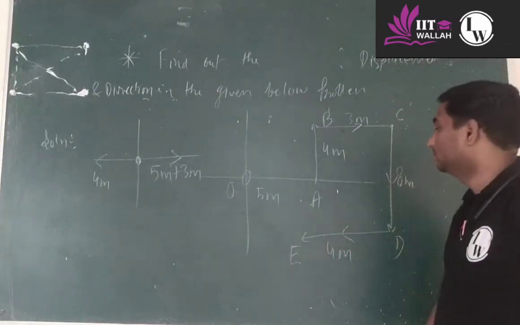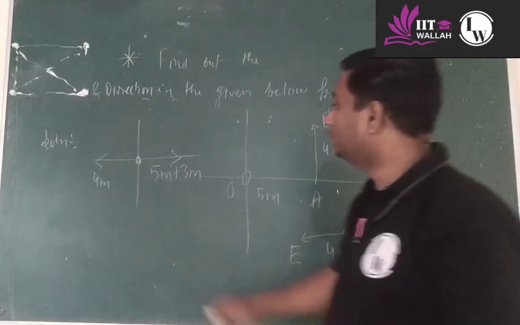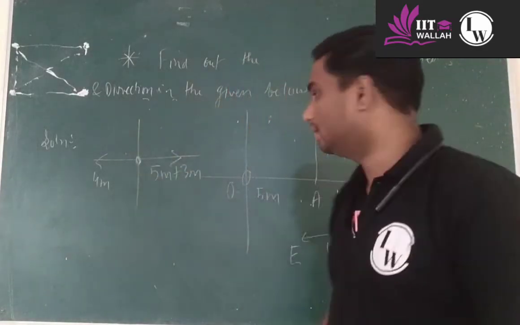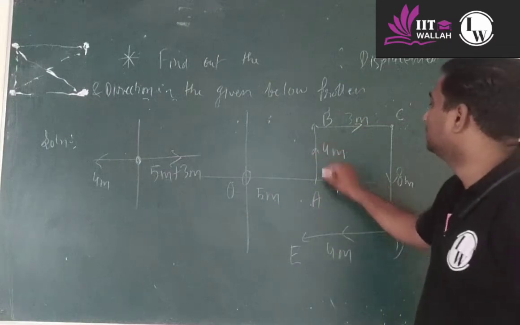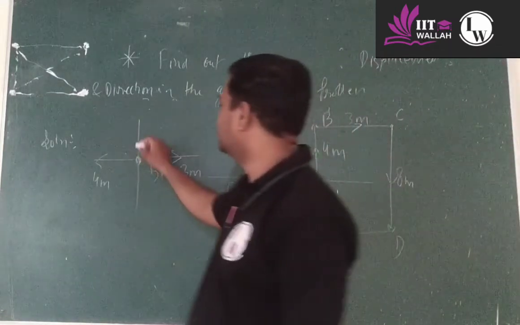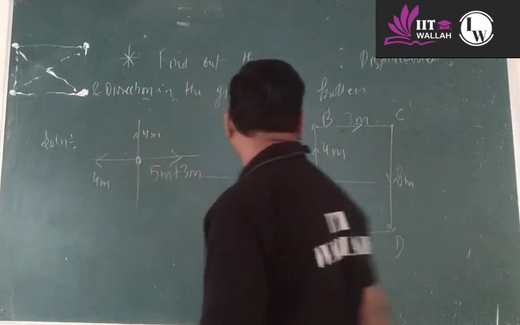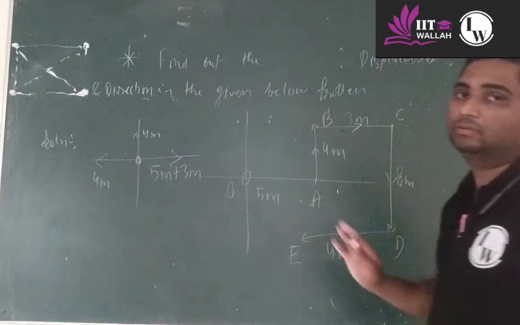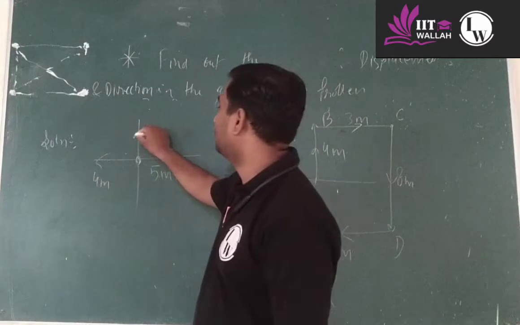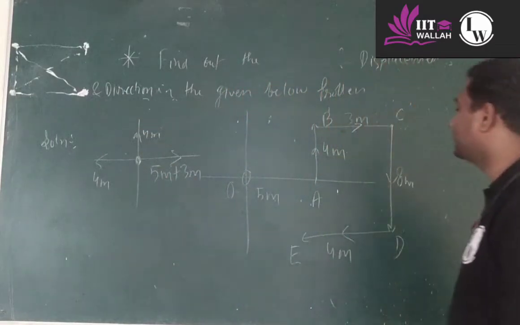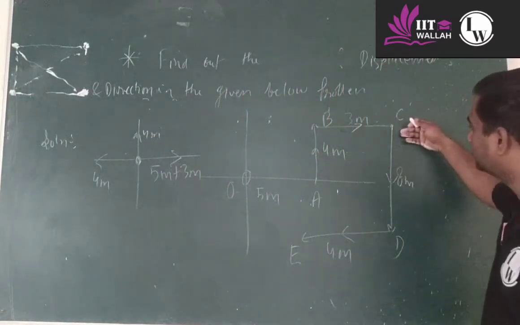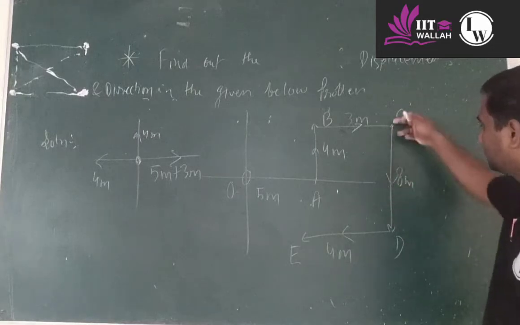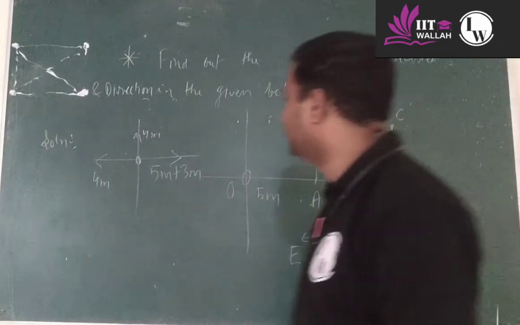Now in the upward direction it is 4 meter, and there is no other motion upward. Now in the downward direction, it is only this, and this is 8 meter.